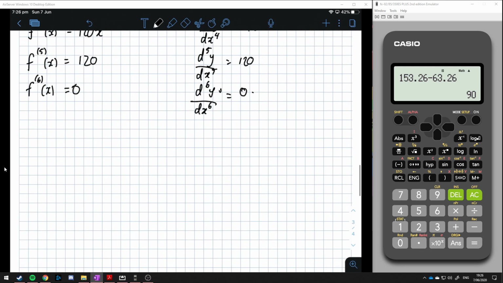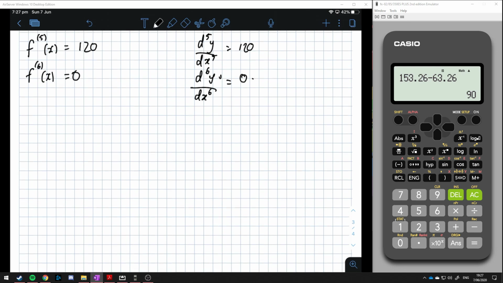Now, the other thing that we're going to talk about is the operator notation. The derivative dy dx can be regarded as the operator d dx operating on the function y. This gives us an alternative notation for the derivative again.